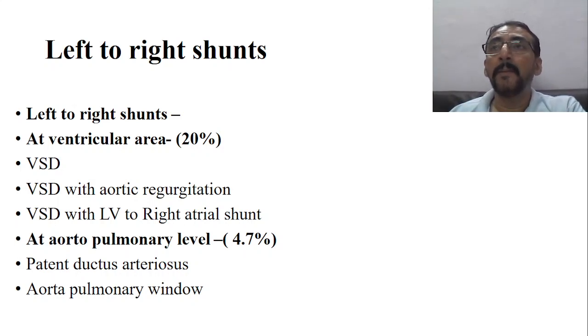In the meantime, blood is also passing through the aorta, but because of the aortic regurgitation, that means the semilunar valve is not properly closed, there will be regurgitation of this blood back into the ventricle. So that is another presentation, VSD with aortic regurgitation.